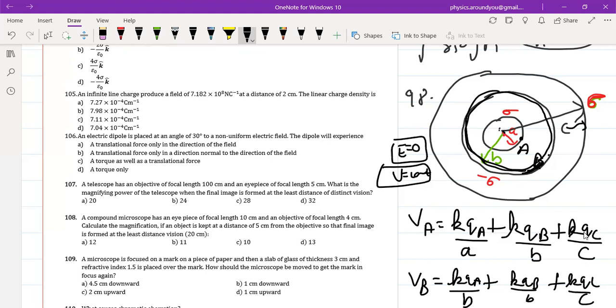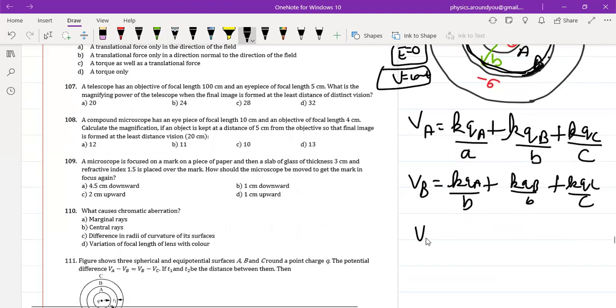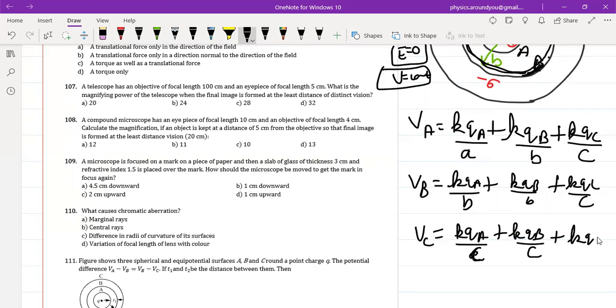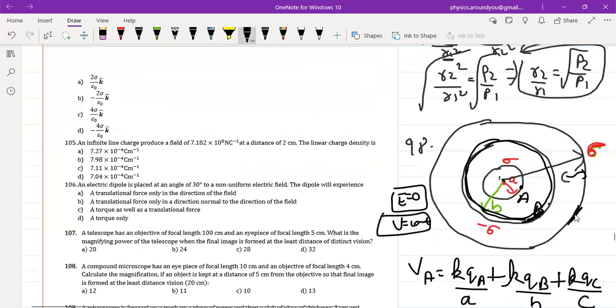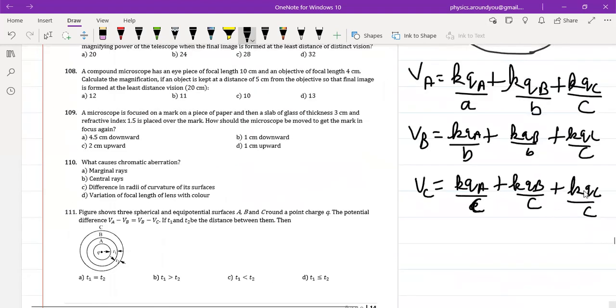Now what about VC? If you got the pattern, it's going to be KQA by C plus KQB by C, and then KQC by C. Why? Because the distance of the center from the shell at C is C. This is VA, VB, VC.